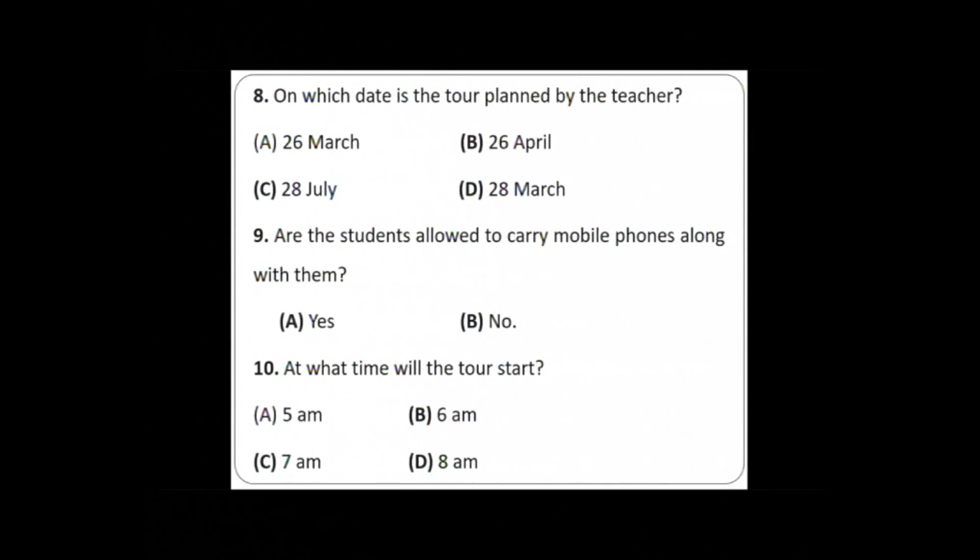Reach the school at 6 a.m. sharp. You must wear proper uniform and don't forget to bring your ID cards. Okay, sir. What about the food? Should we bring a tiffin? You can bring some snacks and your water bottles, but we'll stop for breakfast and we'll have langar at Shri Harimandir Sahib. Okay, sir. I'll inform all.